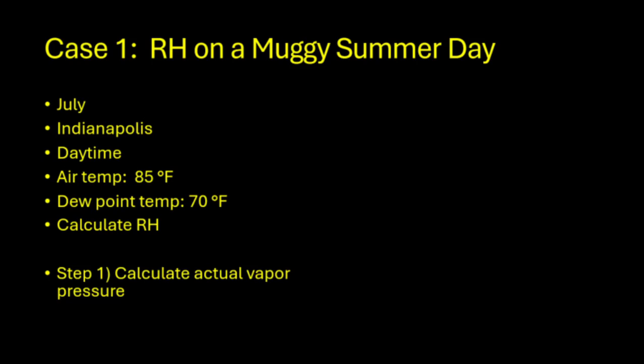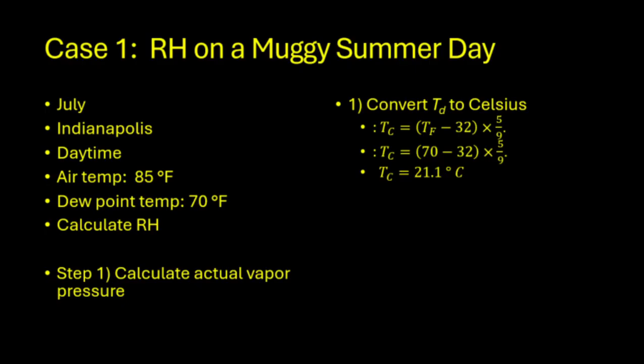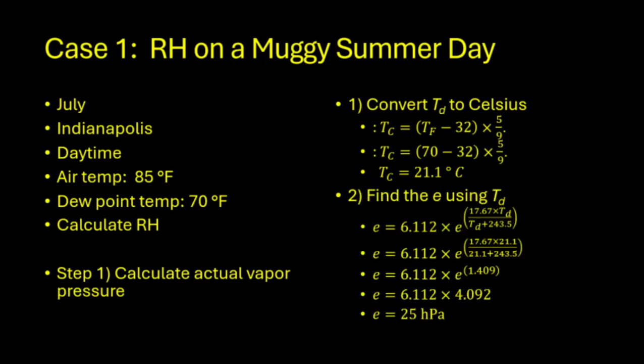First off, we've got to find and calculate the actual vapor pressure, or E. Over here on the left, the dew point temperature is 70 degrees Fahrenheit. We have to convert that to degrees Celsius. Once again, these formulas are based on the idea that we're using degrees Celsius. So we use that conversion, plugging in the 70 degrees, and it ends up that 70 degrees Fahrenheit is equivalent to 21.1 degrees Celsius. That's our first key step.